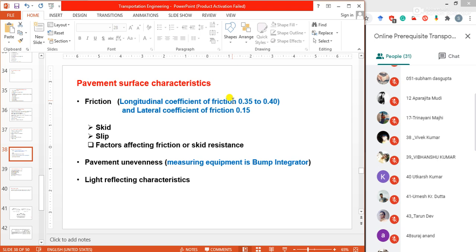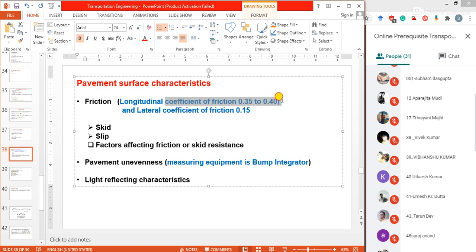So normally in our case we need to maintain the coefficient of friction. Some values are there for our design purpose, for civil engineers. Some values are given by IRC, the Indian Roads Congress.